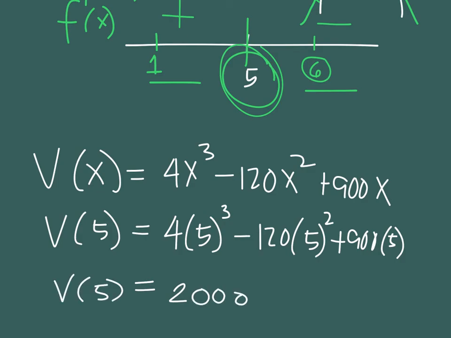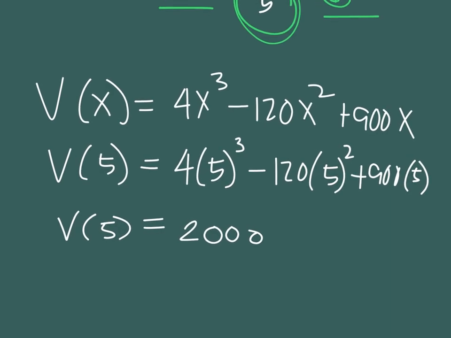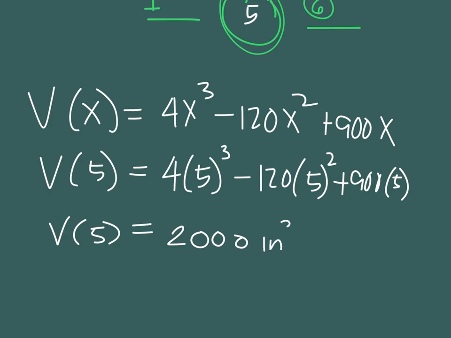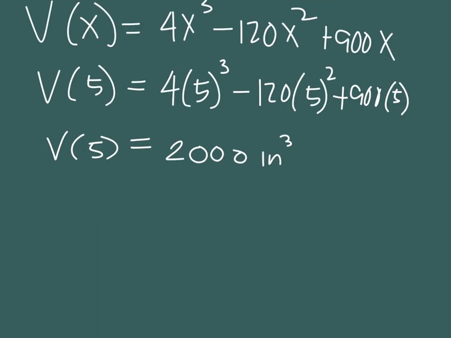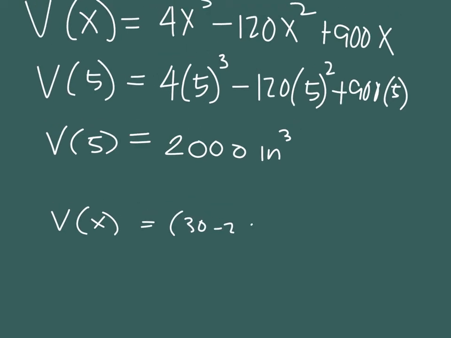So the maximum volume is, if there is a unit, we have inches, right? So cubic inches. Okay. So if they ask, what is the dimension of the box? Remember, it is 30 minus 2x by 30 minus 2x by x.